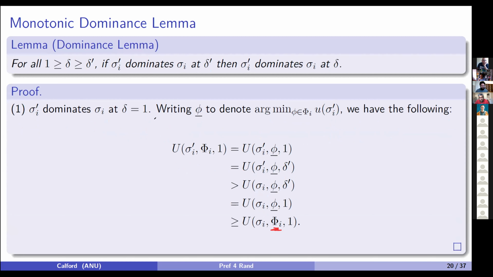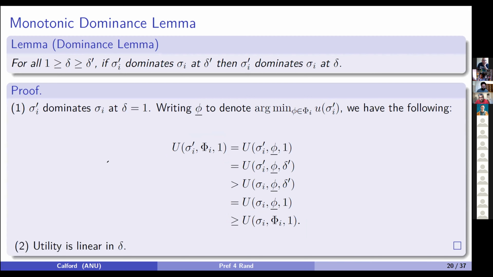So we assume that it's dominated at delta prime, and we can show that for every belief set phi I, this holds, so it's also dominated there. And then utility is linear in delta. That's just from construction of the utility function. So if I've established that we're dominated at delta prime and we're dominated at 1, we must be dominated for all deltas in between.